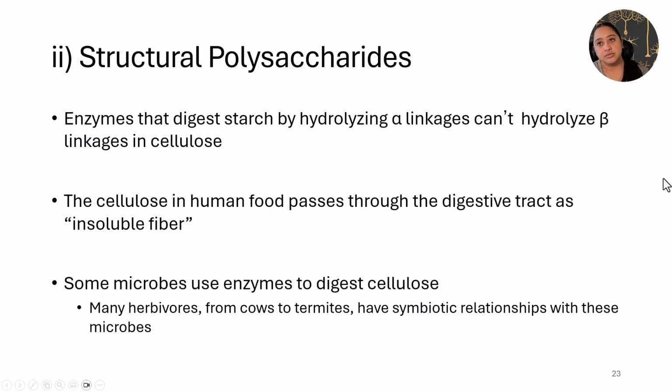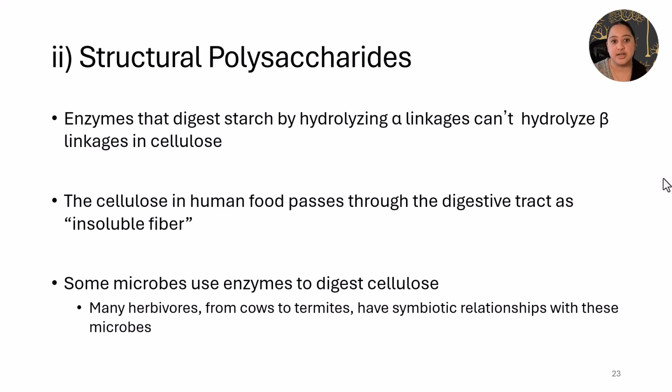And so, again, these small differences in orientation and structure of these chemical groups matter. Enzymes that can digest and break down starch by breaking down alpha linkages are specialized just for alpha linkages, and they can't hydrolyze beta linkages in cellulose.